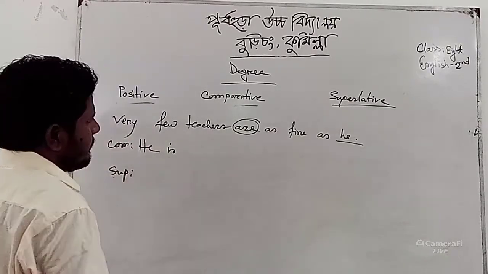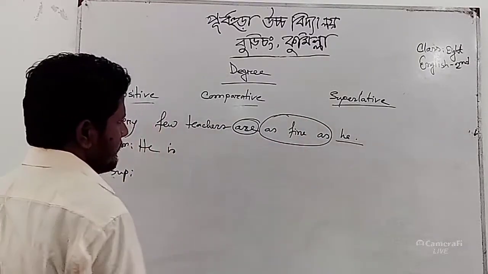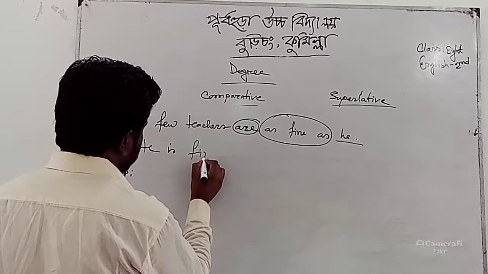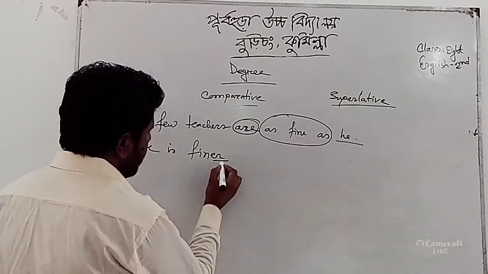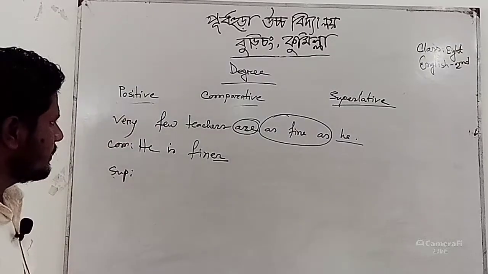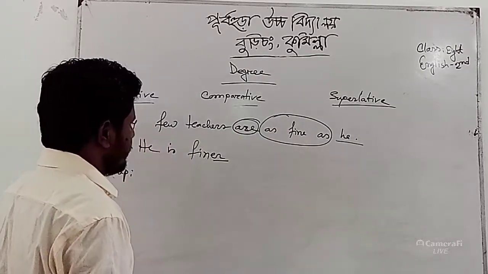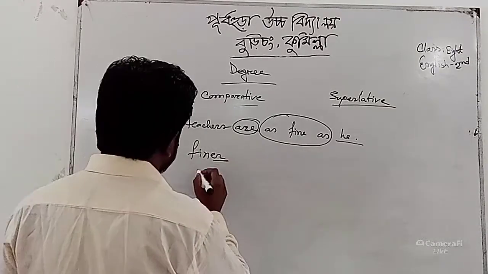Okay, he is, and then we find the degree fine. Fine, we can add only r. We need not add another r, just one r, a single r. Okay, he is finer.